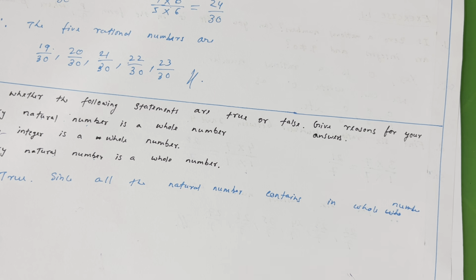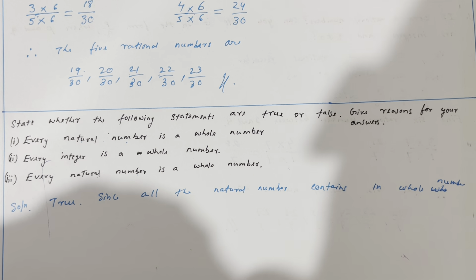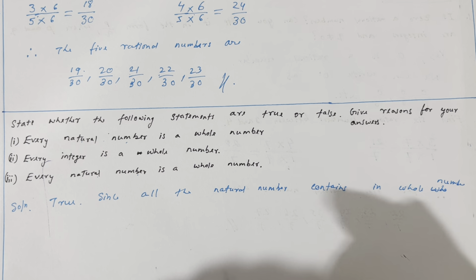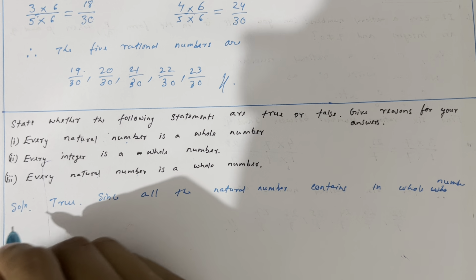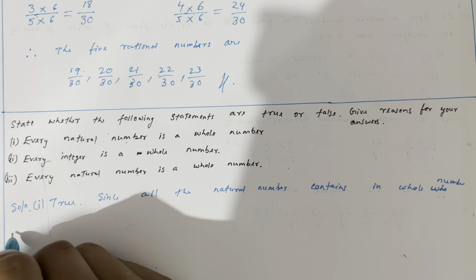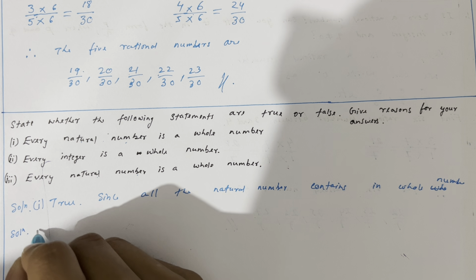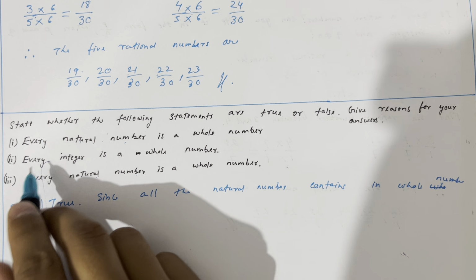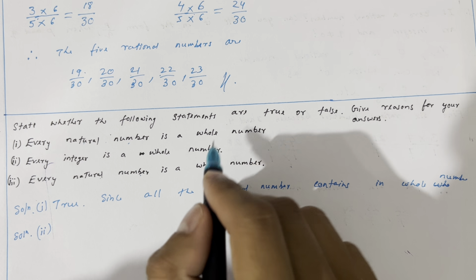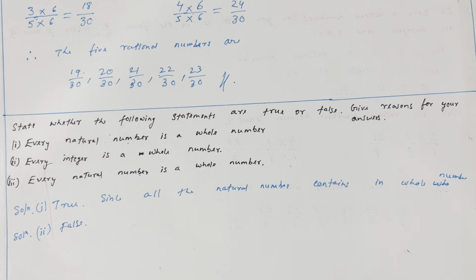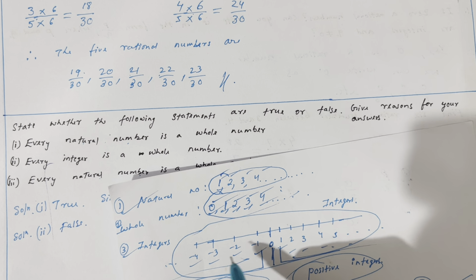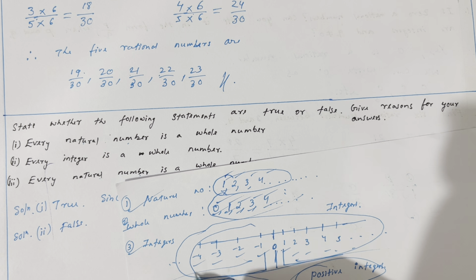Okay, true. And next question is, every integer is a whole number. So solution number 1, then you write here solution number 2. Every integer is a whole number. This is wrong. False. You write here false. Why?